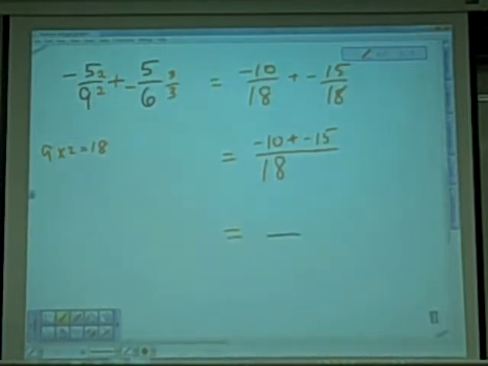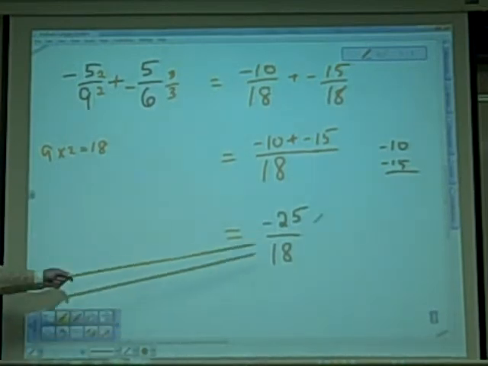Okay, so our common denominator is 18, right? And we're adding. So, Patricia, what are we going to get here for an answer? Negative 20? Or let's see, you've got negative 10 and negative 15. And we're adding, right? So 25, right.